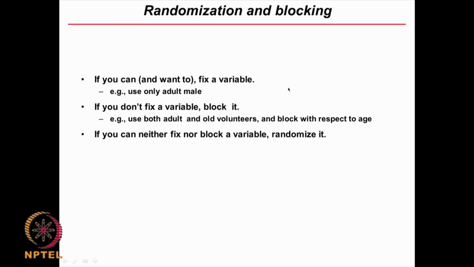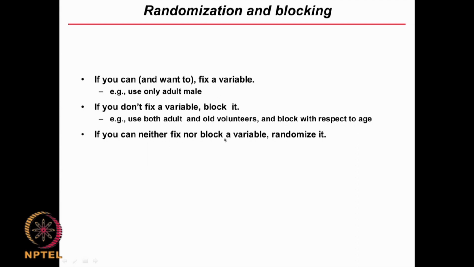So, we have some group of volunteers who are adult, some group who are old, and then you perform the experiments, and later on you can also look at the effect of age. That is good, but if you can get only adult males between the age of 30 to 45, then no problem, age will not come into the picture.